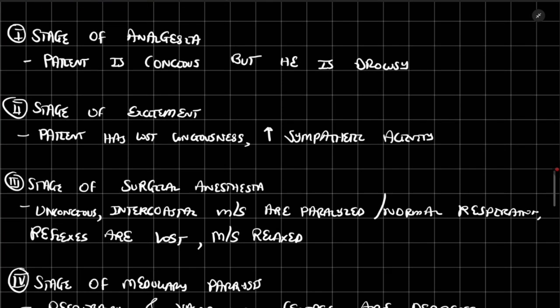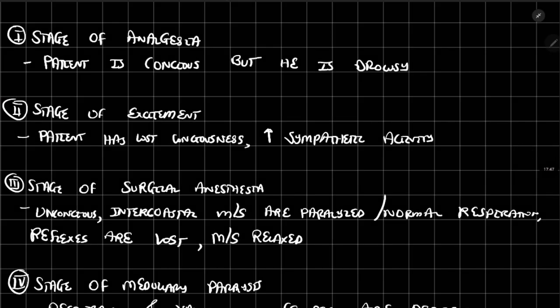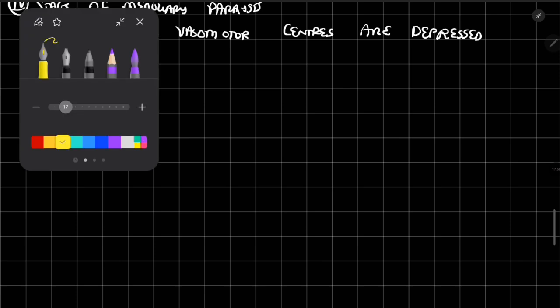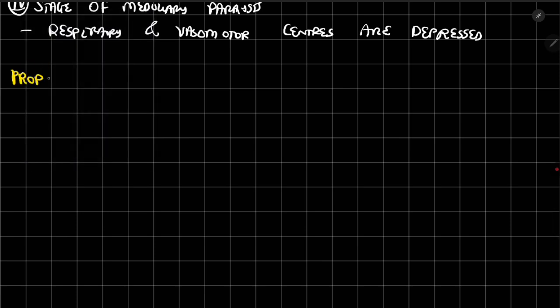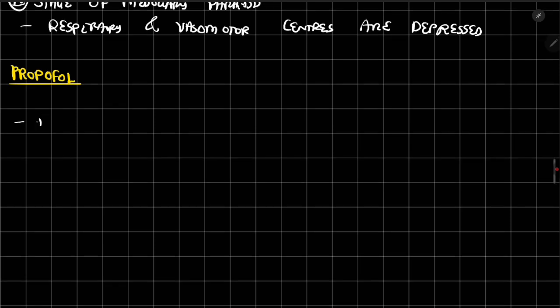The 4 stages. Now coming to some of the drugs. Propofol. Under which class, which subclass did it arrive? Yes, under the inducing drugs, which were under the parenteral preparations of general anesthesia. So propofol's mechanism of action is to activate the GABA channels. The GABA channels will cause hyperpolarization.